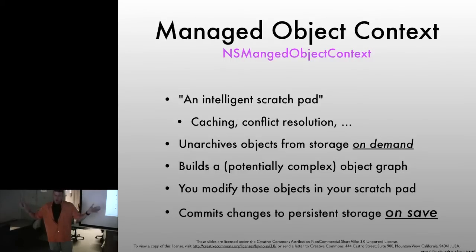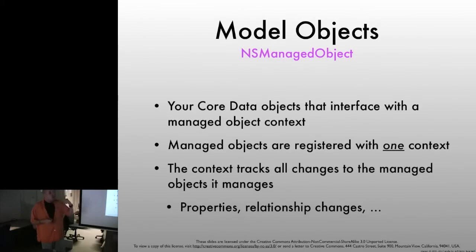Maybe you need to resolve some conflicts if multiple people have access to the same entities. Or you can save it in multiple different places. We'll talk about saving in a second. But keep in mind that it keeps the references all in memory, and they aren't actually written out to the disk until you actually save.